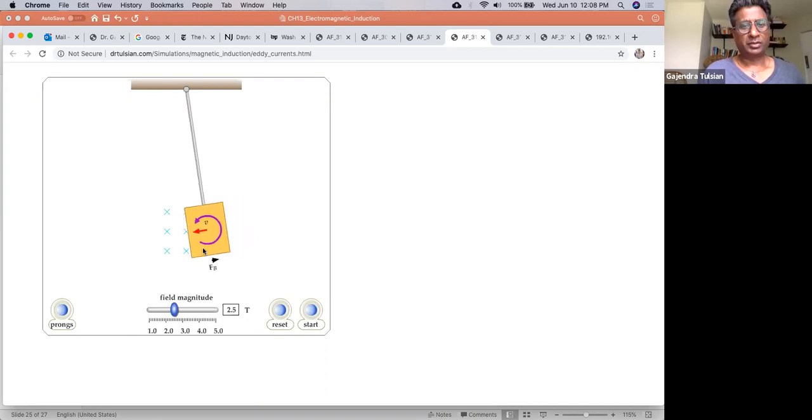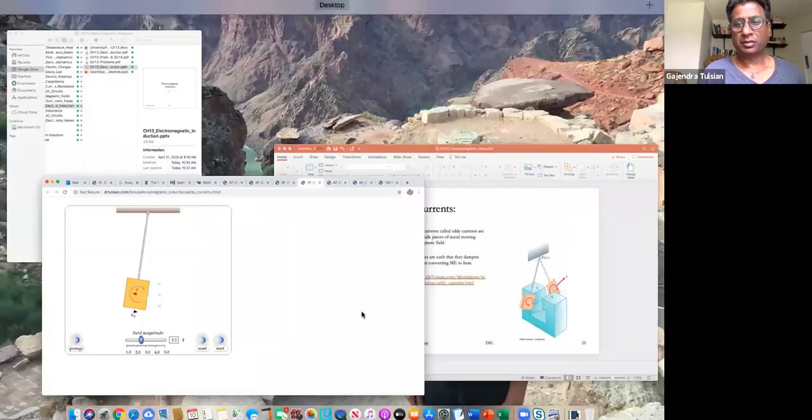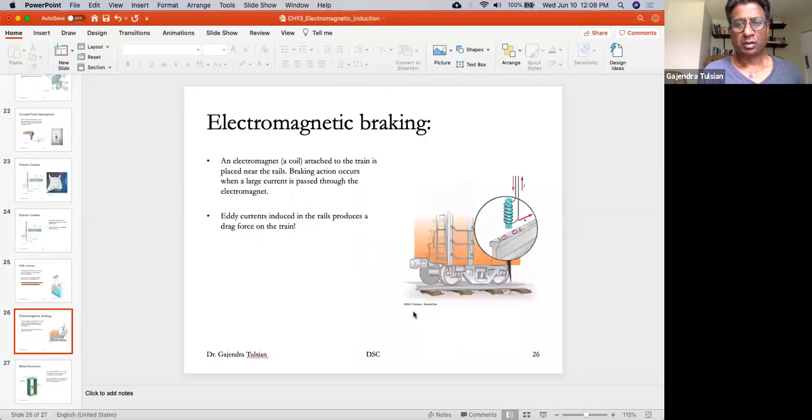All right, let me show you a very important application. This is called electromagnetic braking. And you can use this to stop trains. So for instance, on a train, there's the rail, and I guess this can be the current loop.